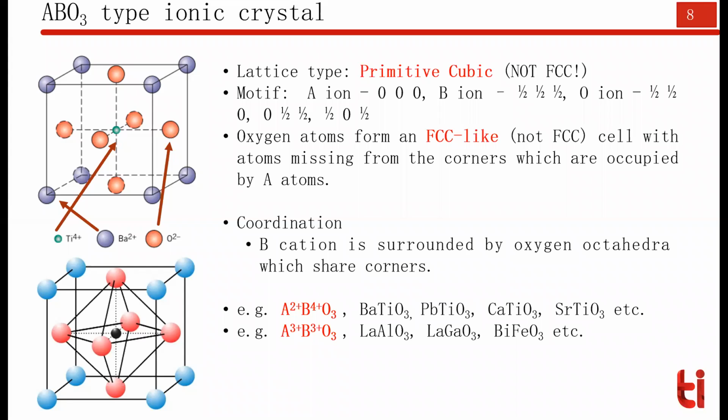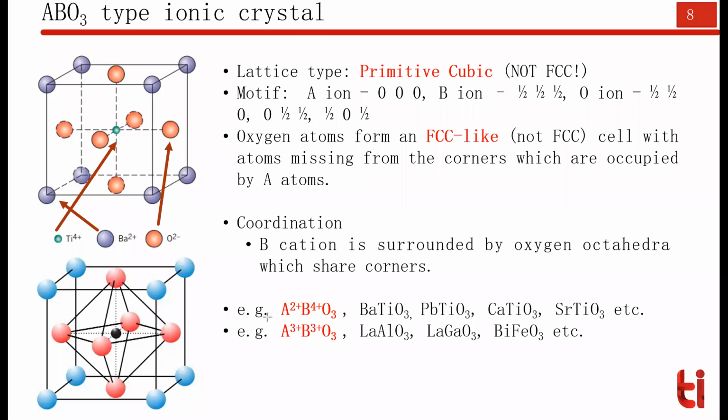So there are two possible configurations where the A side has +2 valency and the B side has +4 valency, or the other possible configuration is where the A side and B side both have +3 valency each. So accordingly, we can have two variants of an ABO3 type of structure.